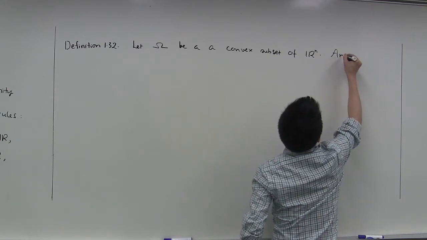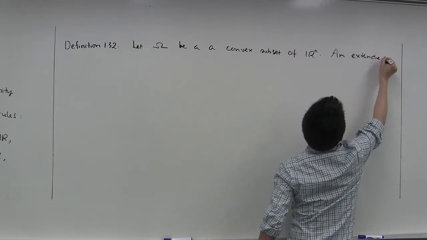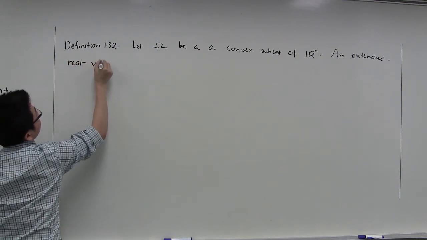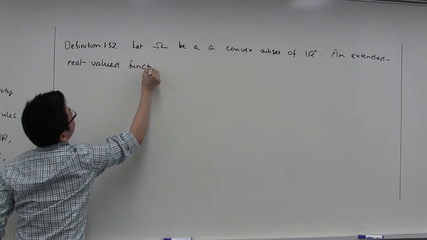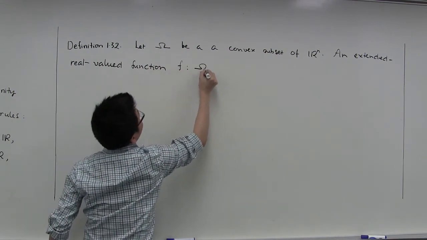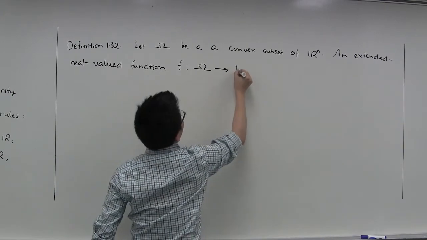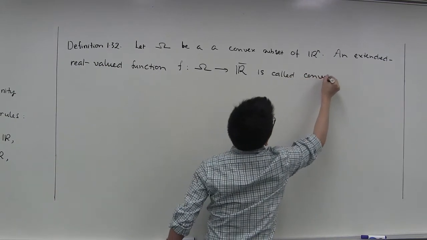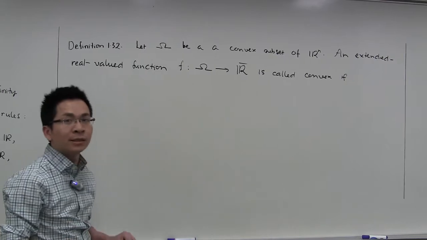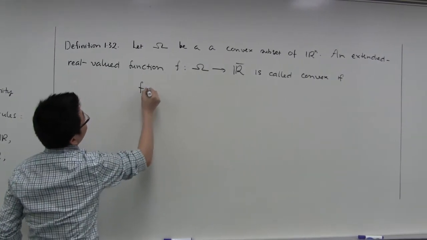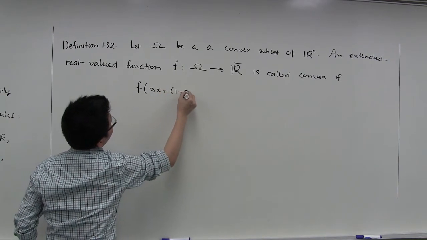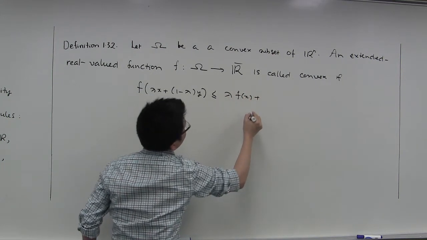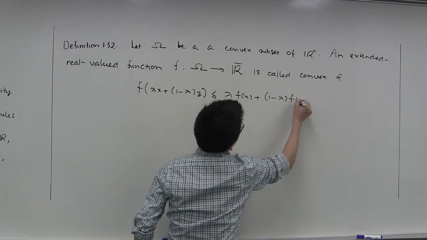An extended real-valued function f from omega to the extended real line is called convex if the following property is satisfied: f of lambda x plus 1 minus lambda y is less than or equal to lambda times f of x plus 1 minus lambda f of y.